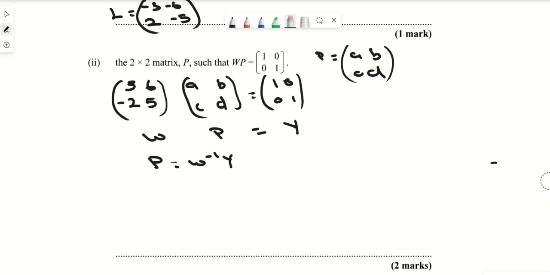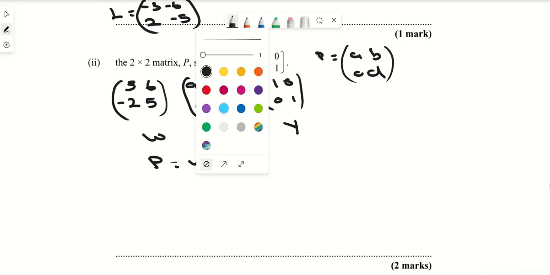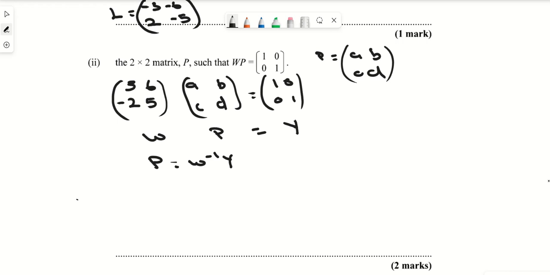So I'm utilizing a formula where P is equal to W inverse, which is 1 over AD minus BC by D here, A here, minus B here, and minus C here. That is W inverse multiplied by Y, which is 1, 0, 0, 1.